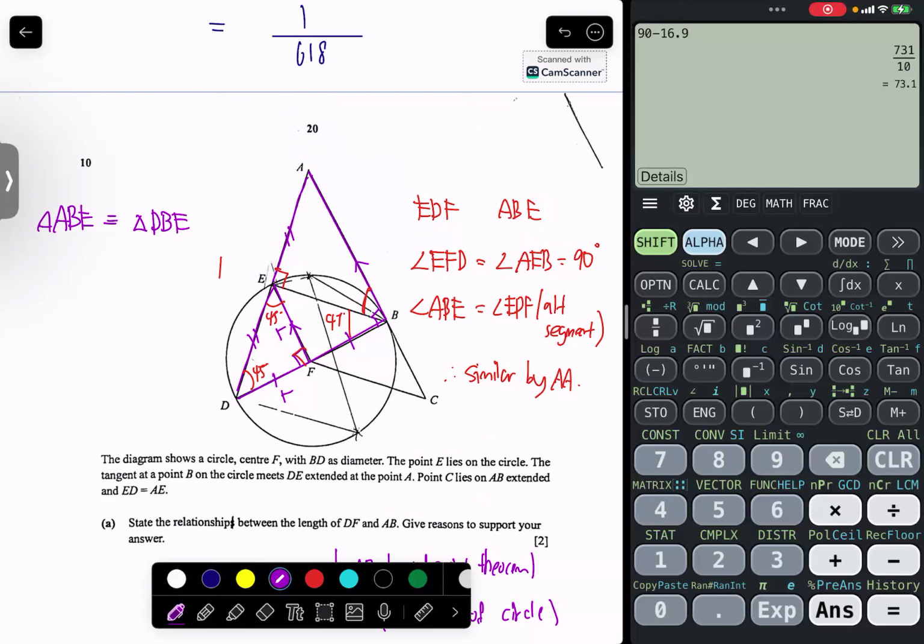Okay, so AE over DE, AE over BE is equals to DE over BE.